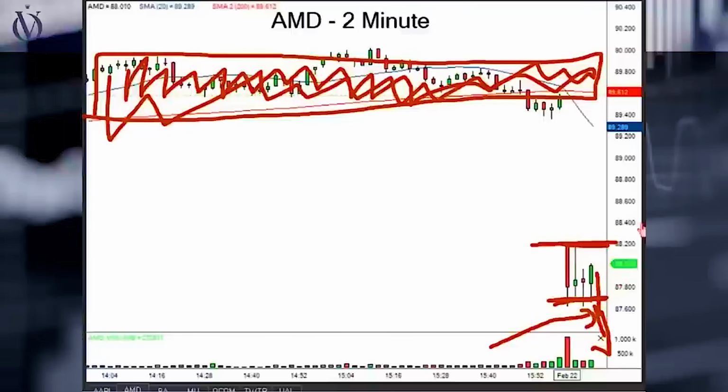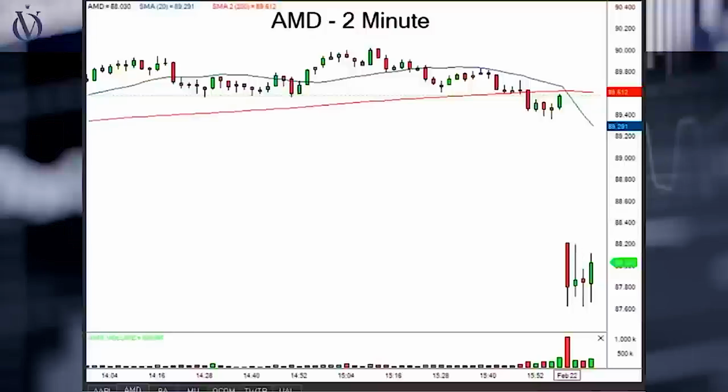But if we take out this red bar very powerfully, it's a potential long with the idea that it can go back toward the resistance. But it really depends on how this red bar is taken out. If it's taken out powerfully, it's a buy. And what do I mean by that?